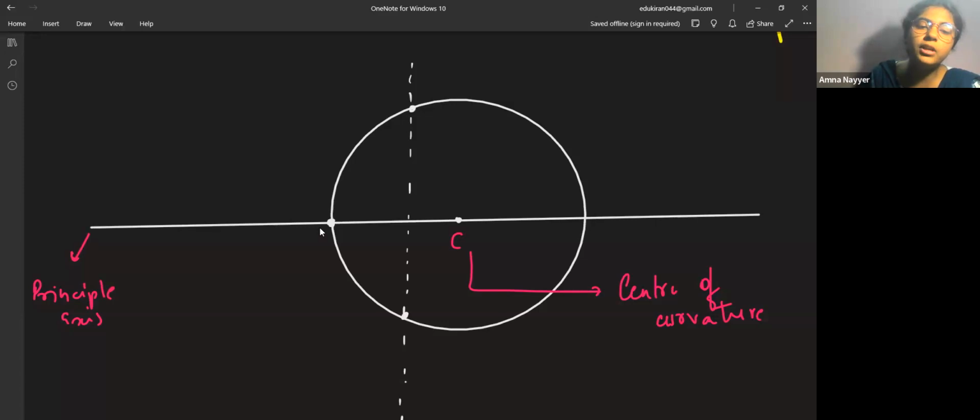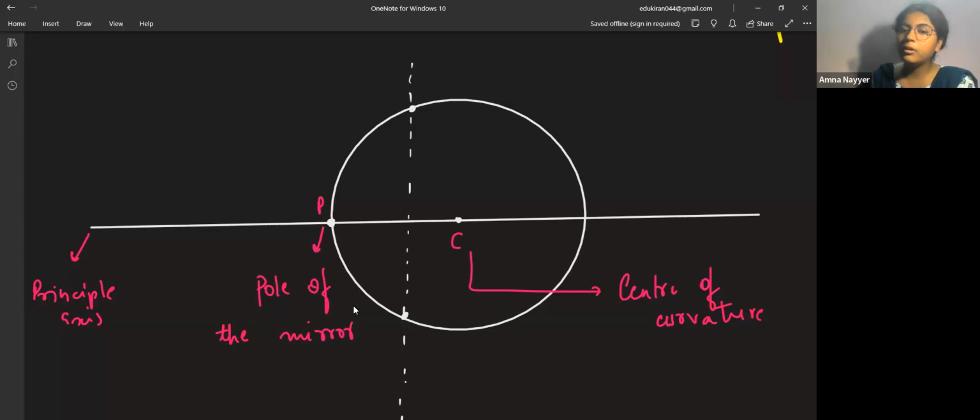This point we call the pole of the mirror. Pole is a very important reference point because all the striking and passing of rays occur from the pole. This is the point at which the principal axis, this line drawn, is crossing the hollow sphere.